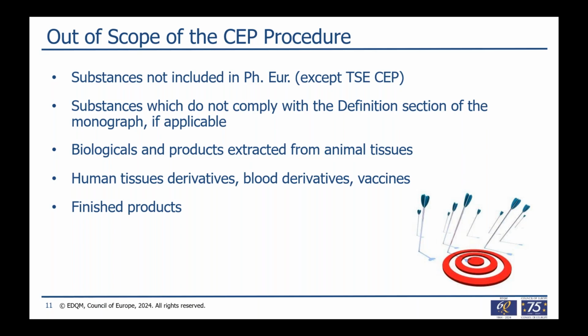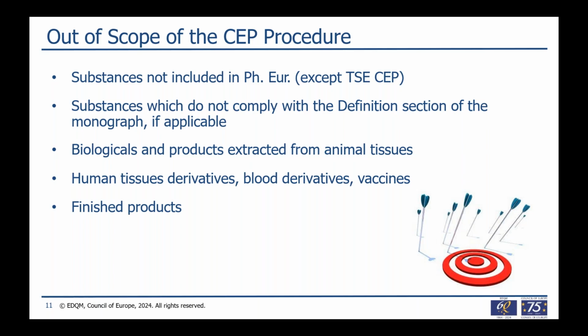So, for example, if the monograph states that the substance must be obtained through a synthetic route, it is not possible to apply for a CEP if the substance prepared by a manufacturer is obtained through a fermentation process. This is because scientifically, we would expect the impurity profile to be different, and therefore it's likely that the monograph of the active substance would not control the final substance adequately.